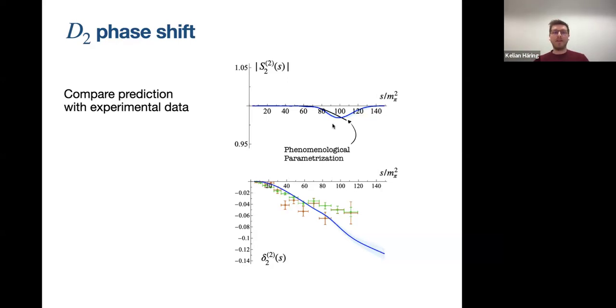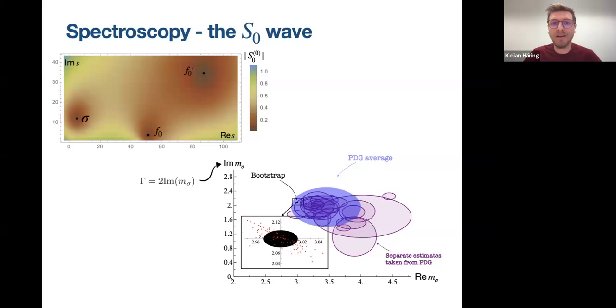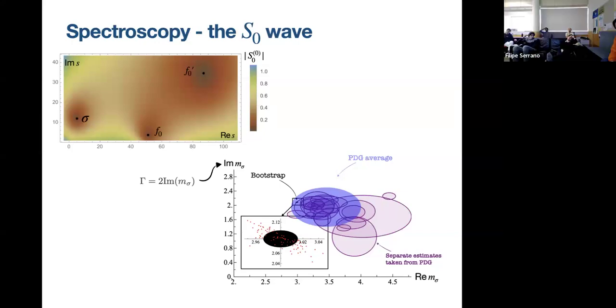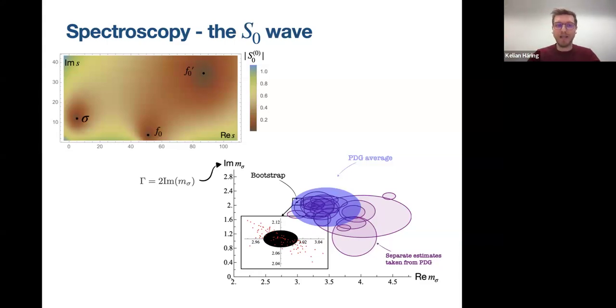Now that we have an amplitude, we can do some spectroscopy. The first thing we can do is go to the S0 wave. To look at resonances, you simply look at the complex plane, in one channel, here the spin 0, isospin 0 channel.